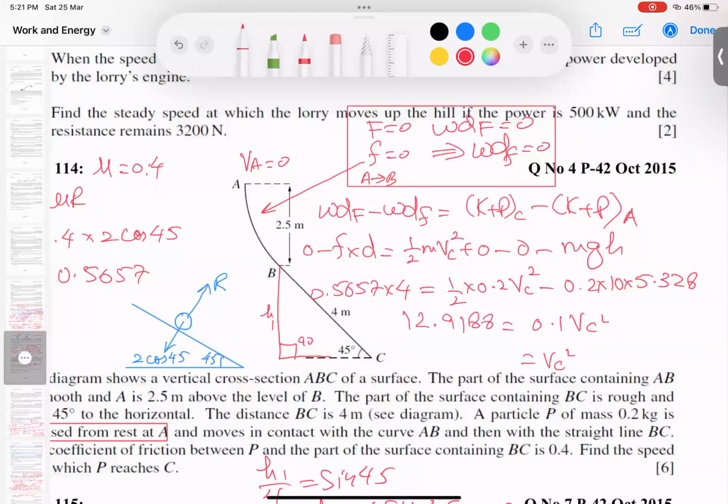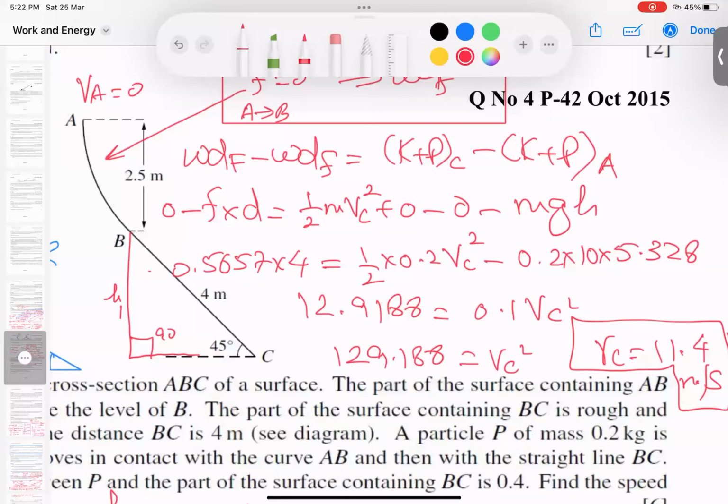The 0.1 comes here: 129.188, divided by, wait a minute, divided by 0.1, and then I take the root of this whole thing, and the answer is coming velocity 11.4 meter per second. And I believe the point is very clear, and I hope the concept is clear.